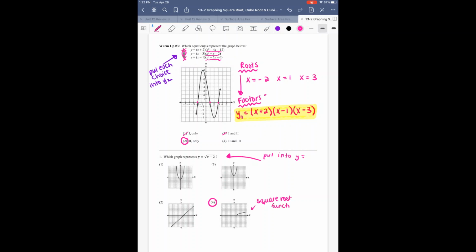And that's the only one here that has that shape. For choices 1 and 3, we talked about those graphs in the past. These are quadratic functions, each of those. That would be like an x squared equation, and choice 2 is linear, where it's just like an x plus or minus a number. Okay, so our answer here is choice 4.